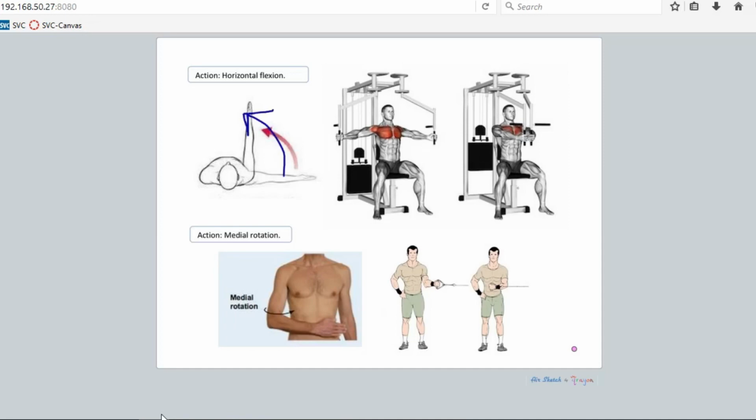The way I think about this is that the pectoralis major is right there, grabbing onto the humerus. So when the pectoralis major contracts, it's moving the humerus. It's grabbing it right there and moving it in towards the origin. Medial rotation of the arm is something else that it's involved in.